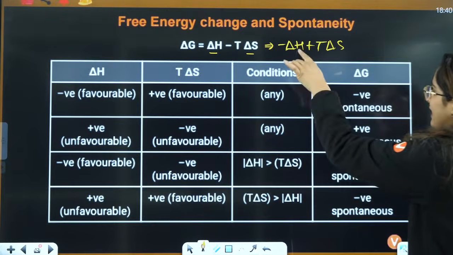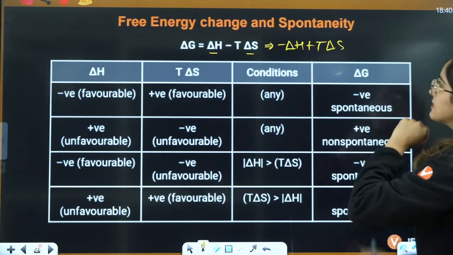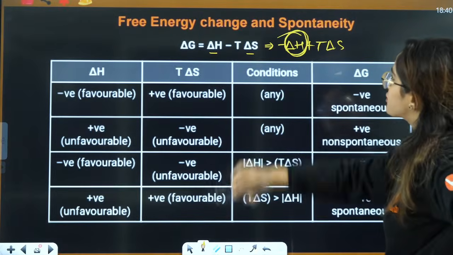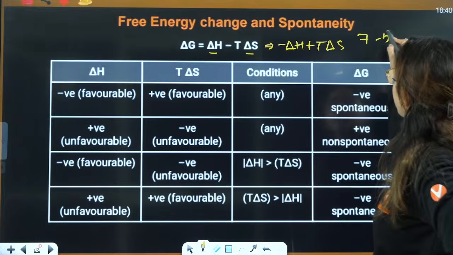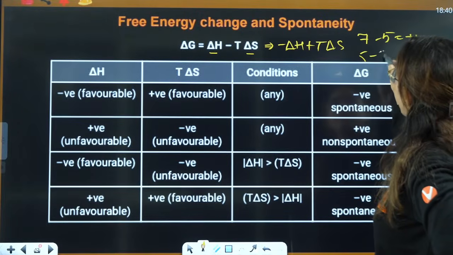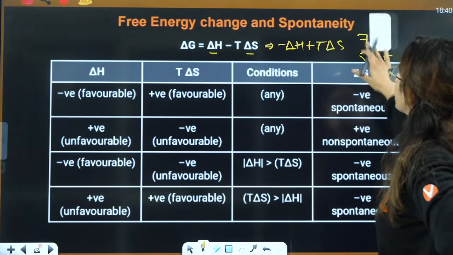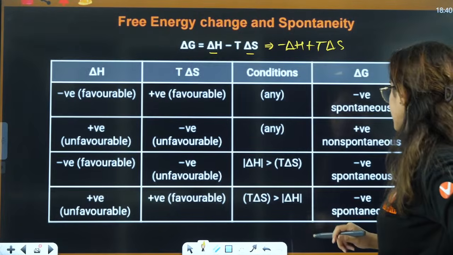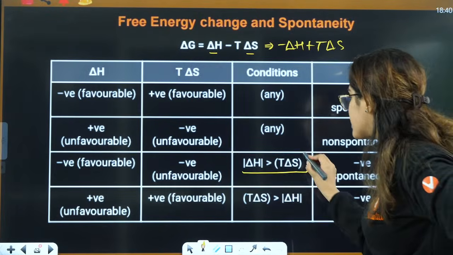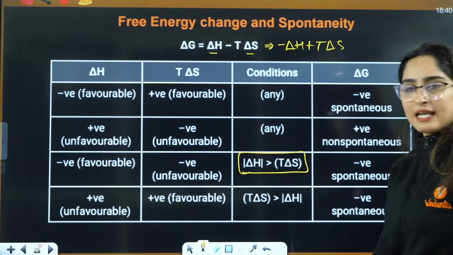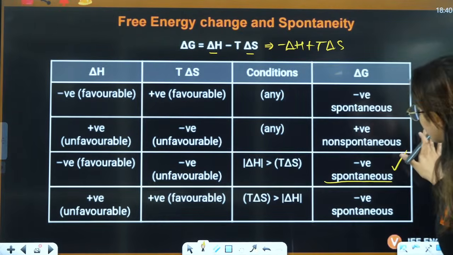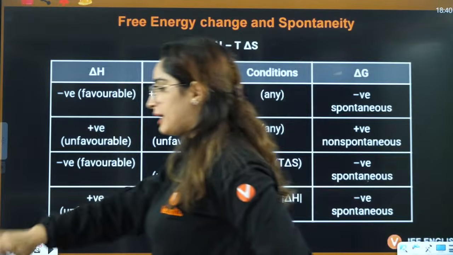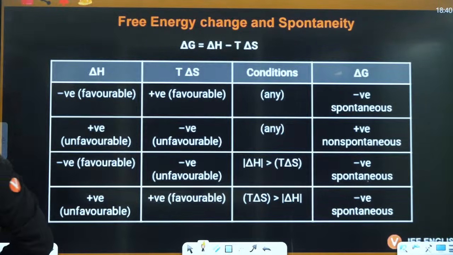Now, to make this spontaneous, delta H has to be greater. Otherwise, because 7 minus 5 will be positive, but 5 minus 7 will be negative. So that means delta H has to be greater than T delta S to make the whole process spontaneous. Otherwise, this is going to be a non-spontaneous process.